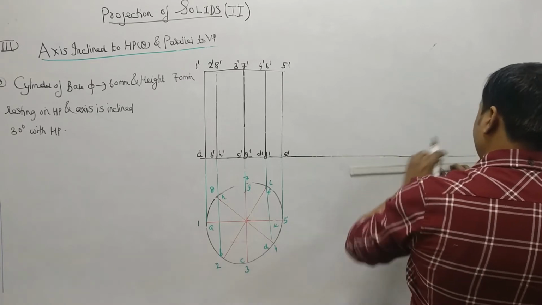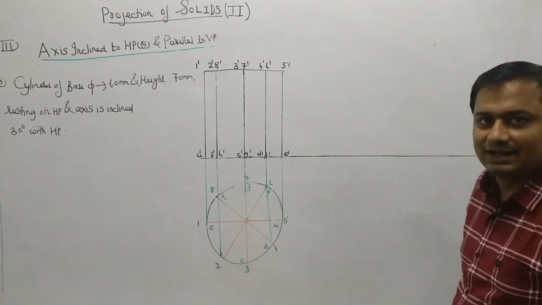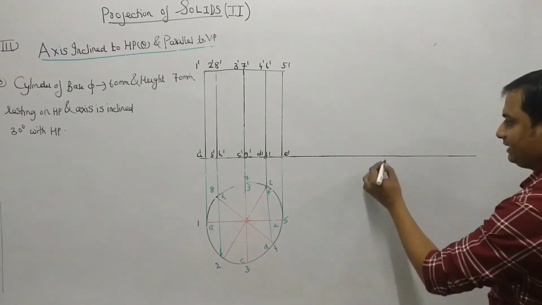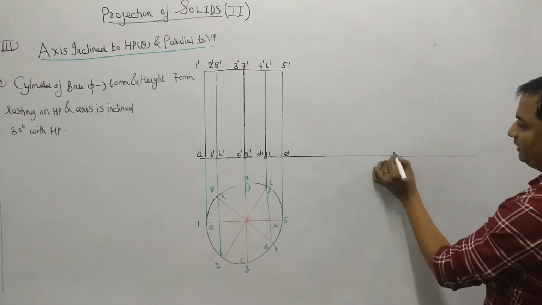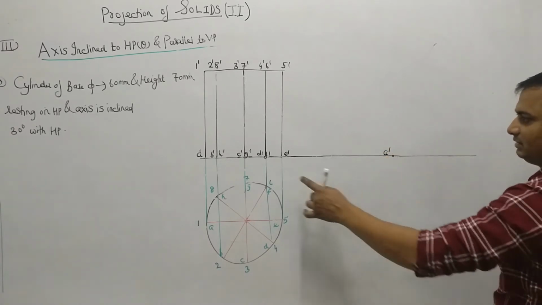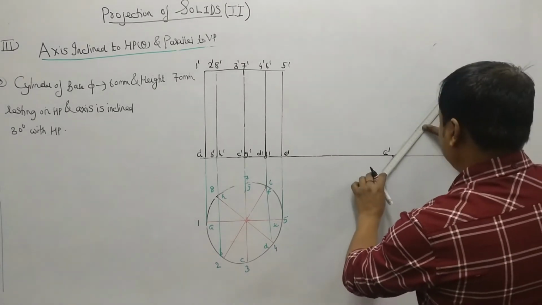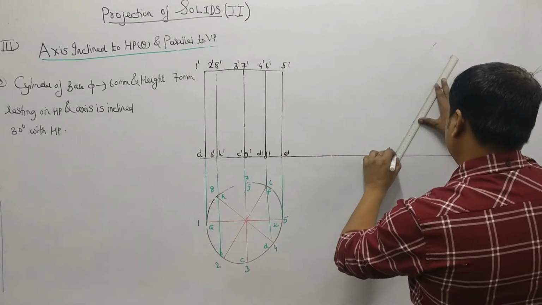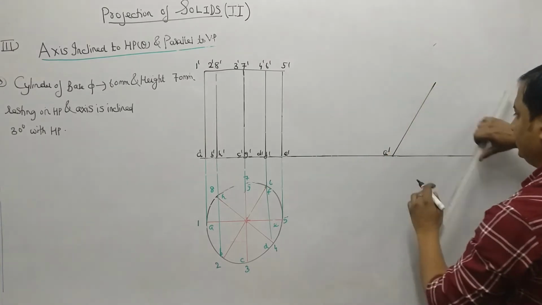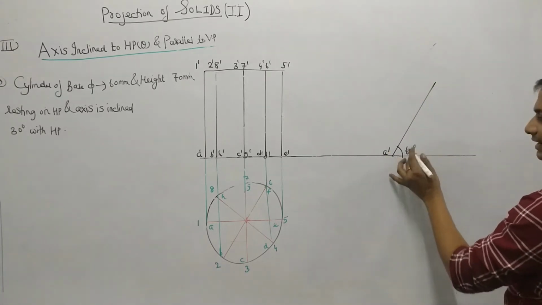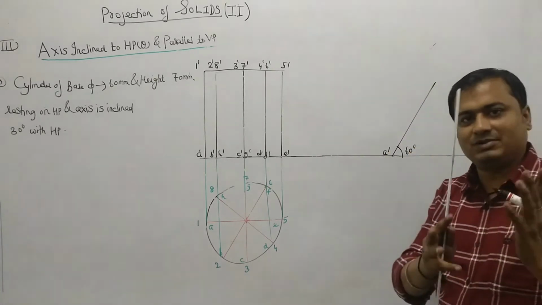Same. I will be turning like the previous rectangles I have turned for the prism. So I will be taking a point here. This point will be A dash. This point will be here only A dash. Draw a line of 60 degree. This is 60 degree. Because I am inclining the base at 90 minus theta. Same concept.